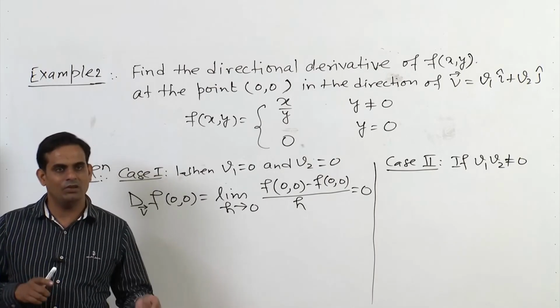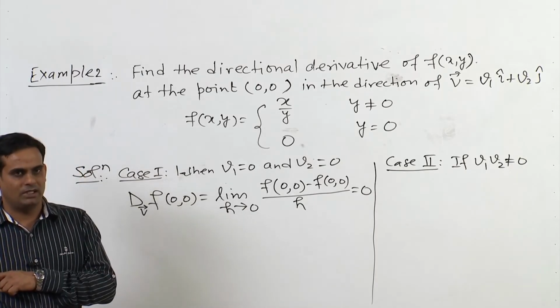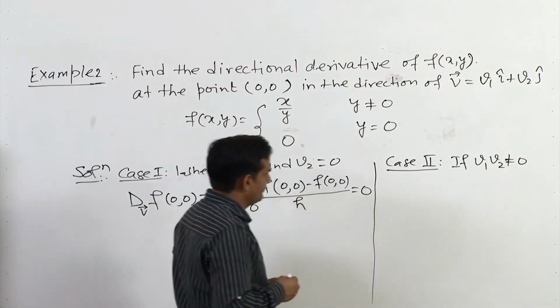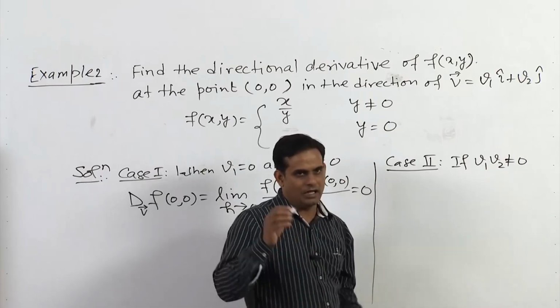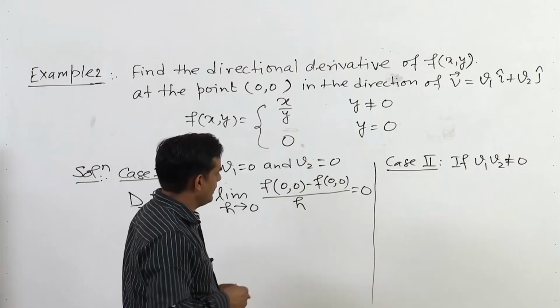If one of them is 0, the product will be 0. If both of them are 0, the product will be 0. So both are non-zero. So this is the general case. We are not going along the x or y axis.